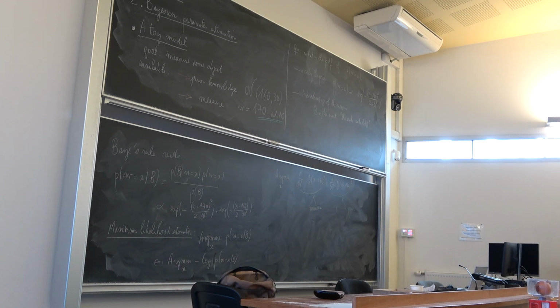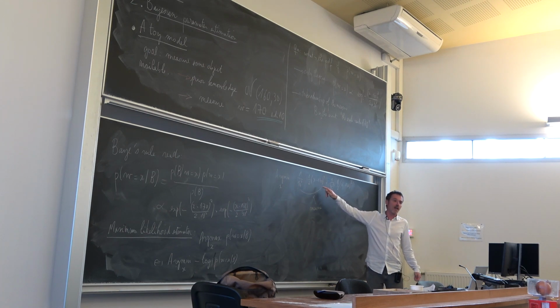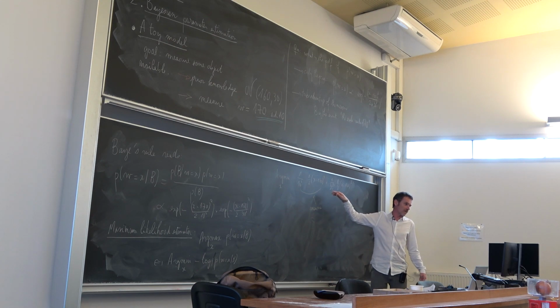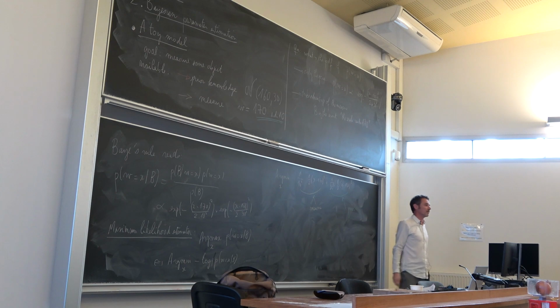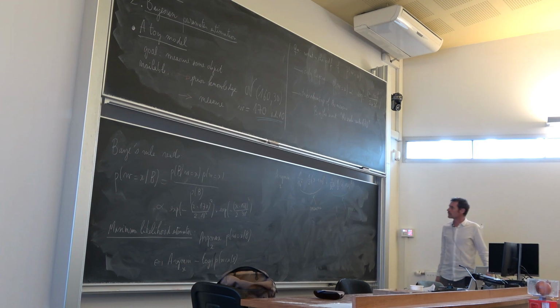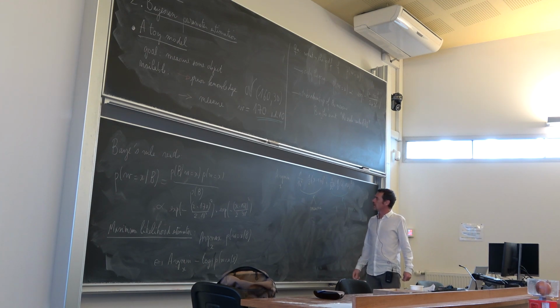Because I had some Gaussian law for the prior and for the measurement error, I end up with a quadratic minimization. And if the law were to change, then the function here would change. So this is what will happen next.